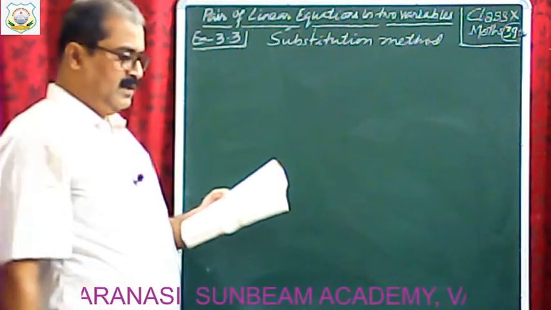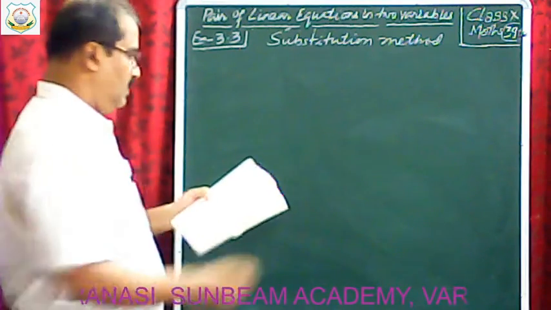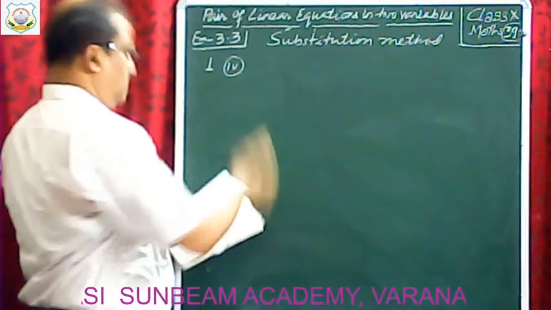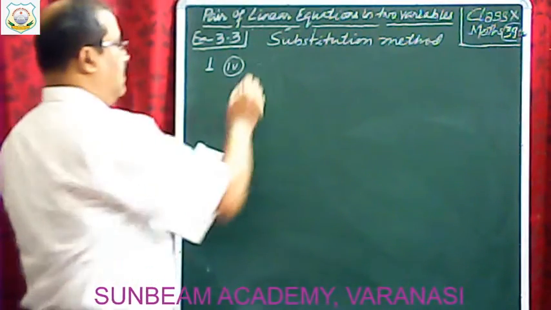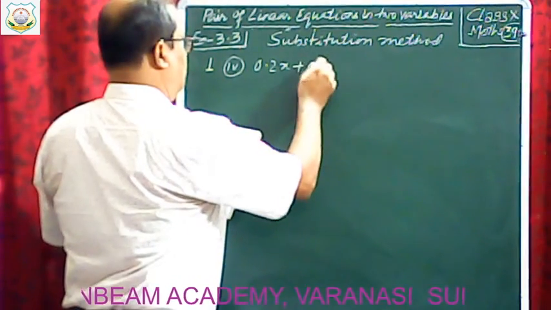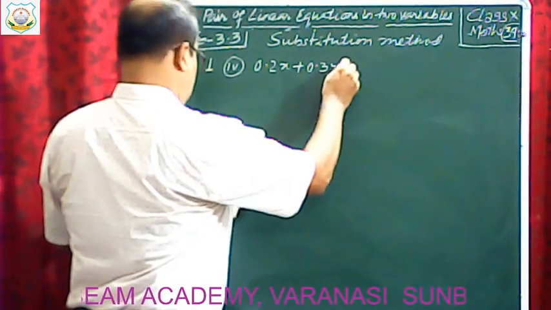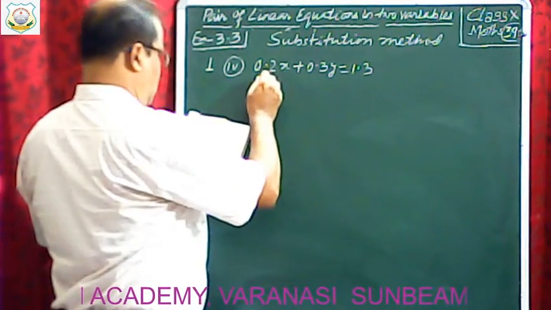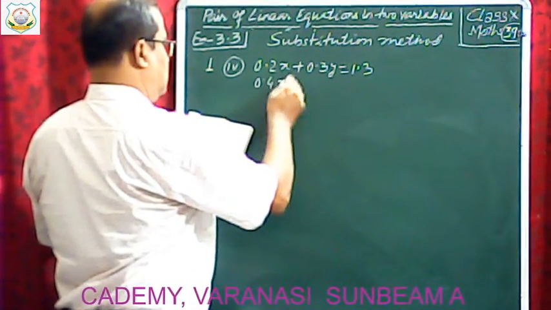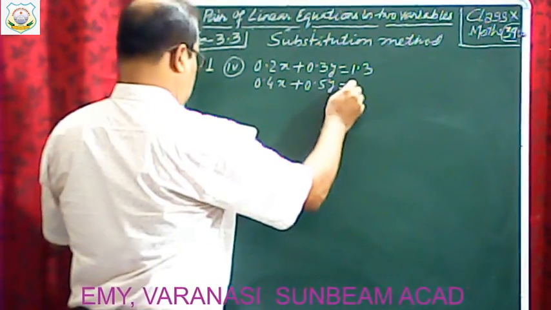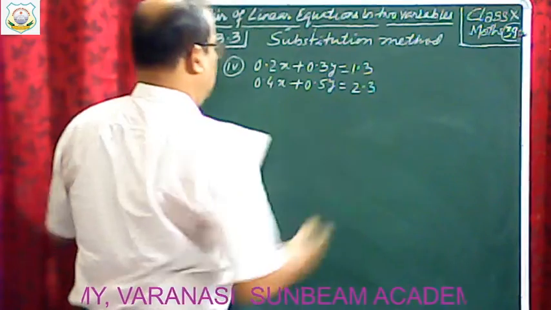Solve the following pair of linear equations by substitution method. Question number 1. Taking 4. In substitution method, what we have to do? Let's see. 0.2x plus 0.3y equal to 1.3 and 0.4x plus 0.5y equal to 2.3.